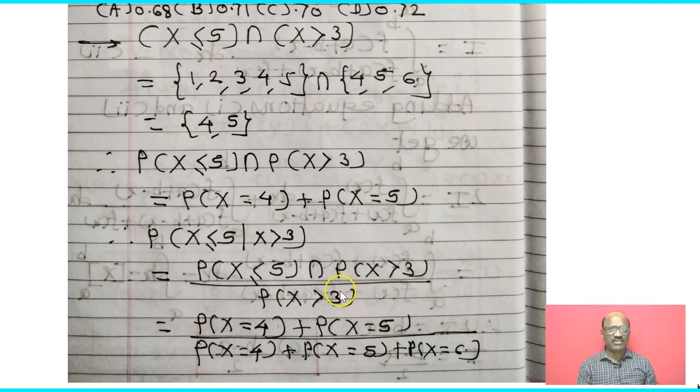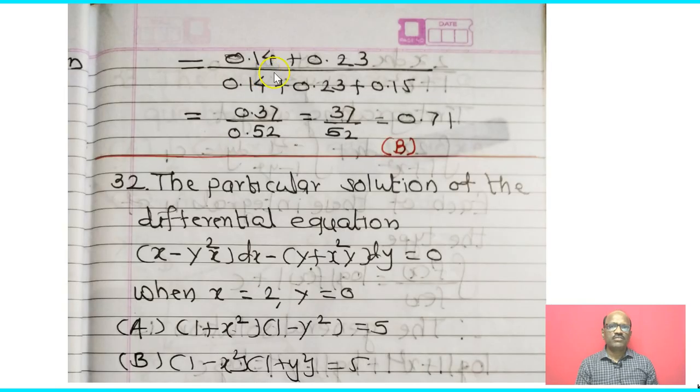Now only substitute the values, then you will get the answer. That is 0.14 plus 0.23 upon 0.14 plus 0.23 plus 0.15, and overall you are getting 0.37 upon 0.52, that is 37 upon 52, which equals 0.71, and hence option B is the correct one.